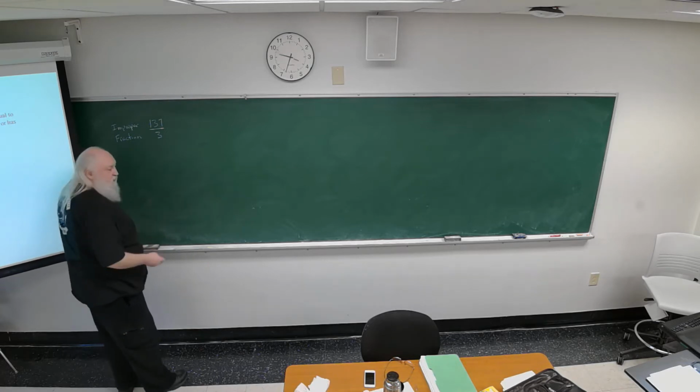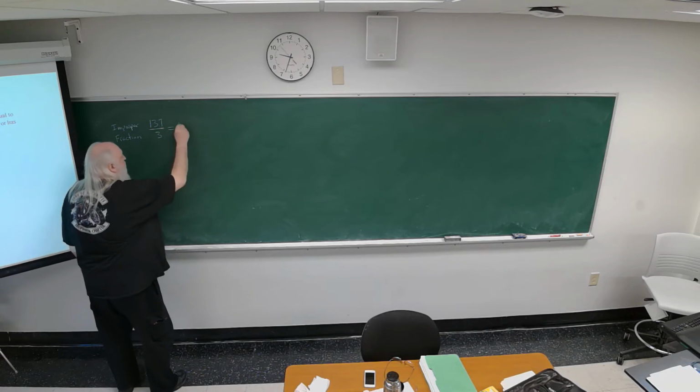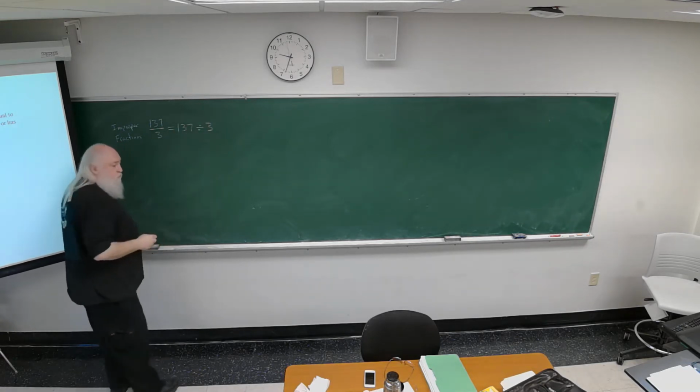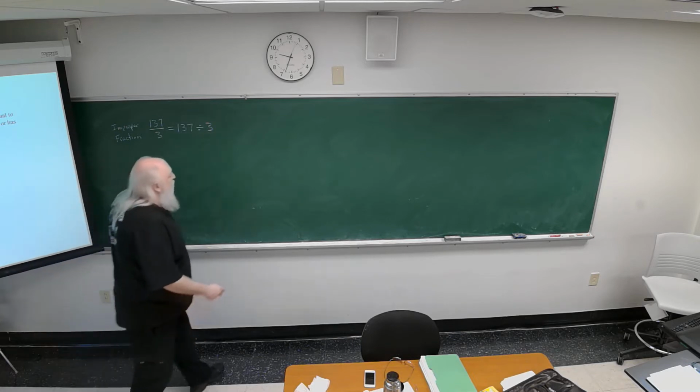And I've been saying all semester long, right, fraction bars are like division symbols. You can read this as 137 divided by 3, right? So let's divide 137 by 3 using long division.